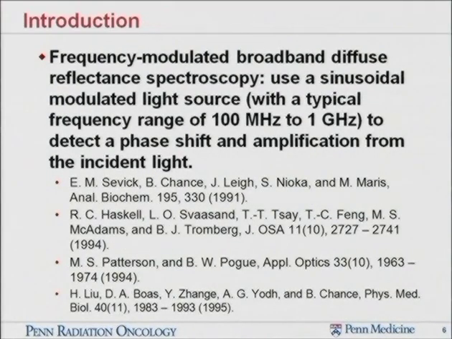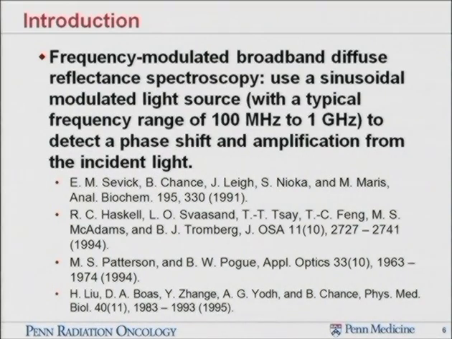In terms of frequency modulated broadband diffuse reflectance, you have heard all about it in the previous talk, using a frequency modulated light source. That allows one to determine not only the amplitude change as with CW, but also gives you the additional phase shift.